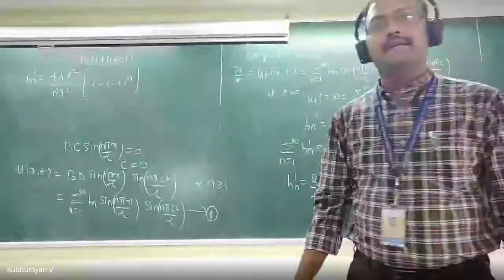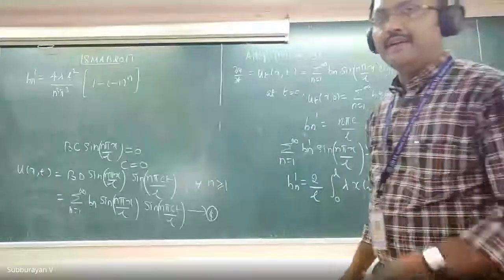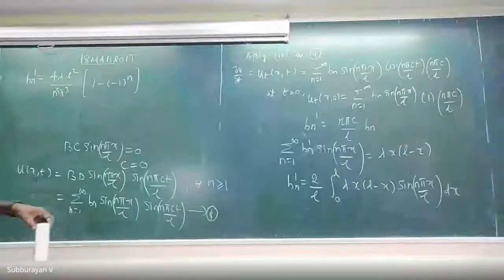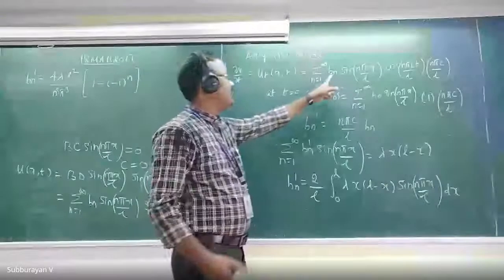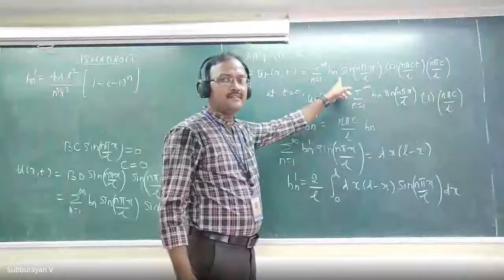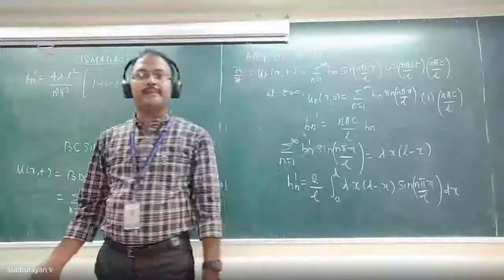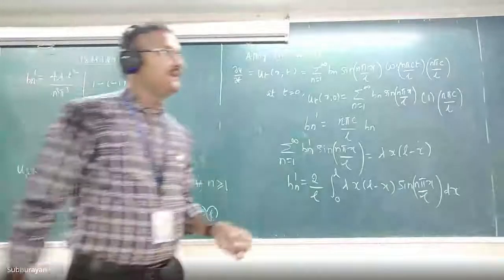But what is our primary aim? Our primary aim is to calculate what is Bn, because Bn is involved in our series expansion. Therefore we have to calculate Bn.